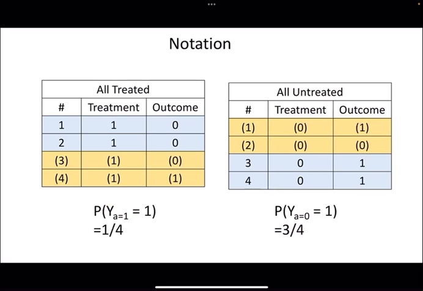On the left, the notation that describes this table is the probability of the situation where everyone is treated, so Y subscript A equals 1, and the probability of that ends up being 1/4 because there's 1 individual with the outcome and 4 individuals. And on the right, the probability of Y subscript A equals 0 equals 1 ends up being 3/4.